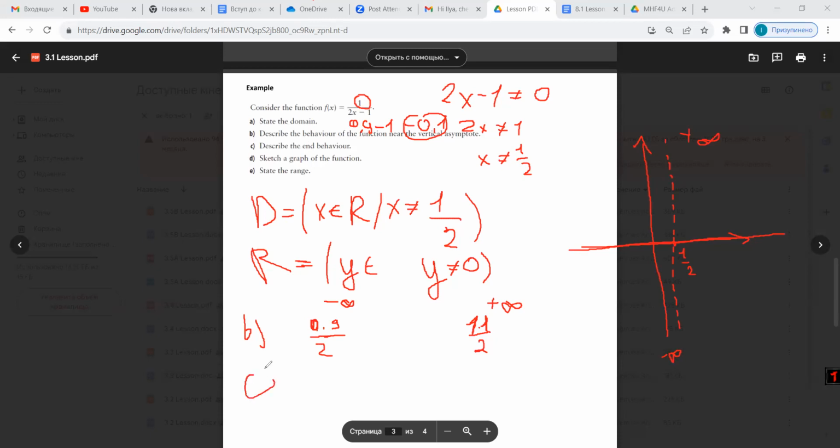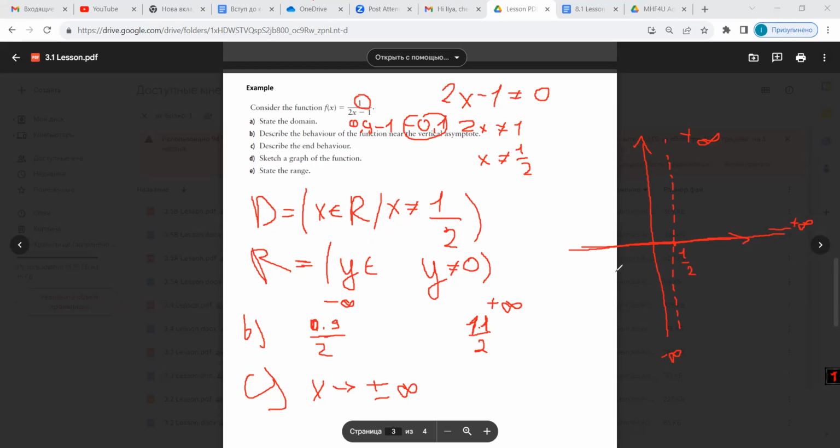Now we have to describe the end behavior. This is how we find the horizontal asymptote: set x traveling to positive or negative infinity. And we already figured out that if x approaches positive infinity, we're going to have an incredibly small positive number, somewhere here, close to the horizontal asymptote, right?